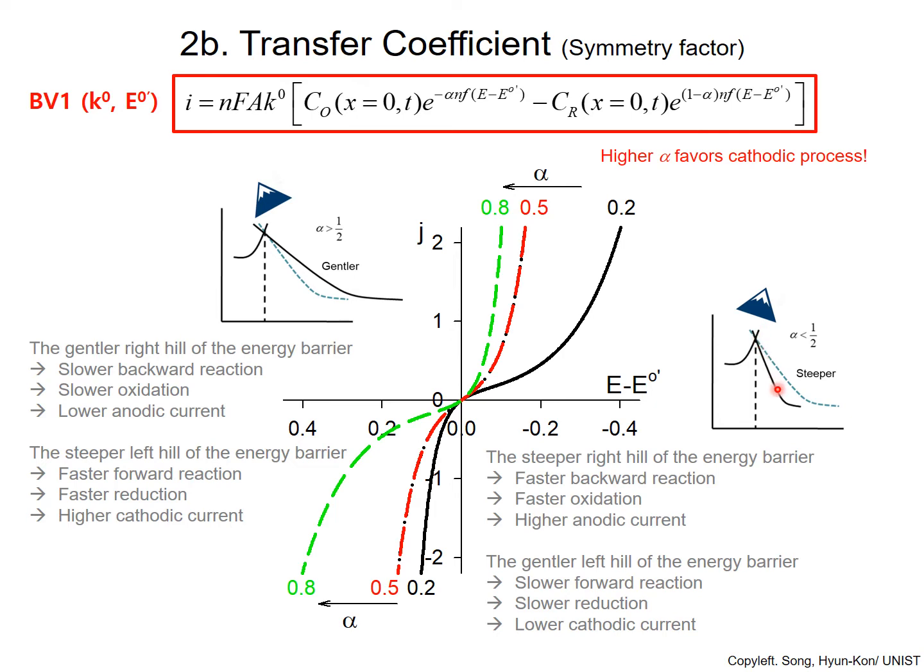The steeper right hill indicates faster backward reaction from the right side to the left side. That is to say, faster oxidation, because we are thinking about the electrochemistry of oxidized species plus electron going to the reduced species. It means higher anodic current is obtained at alpha equal to 0.2.